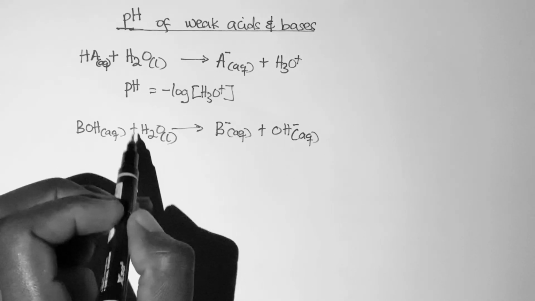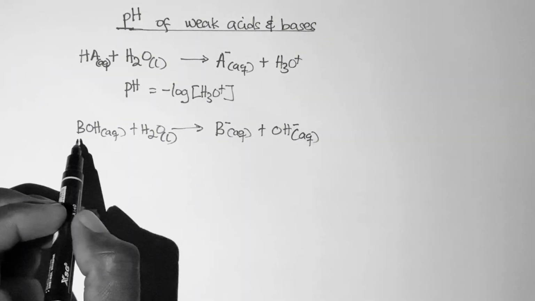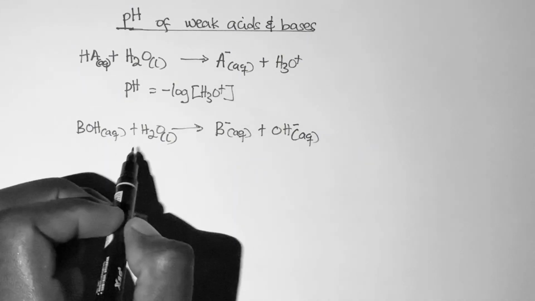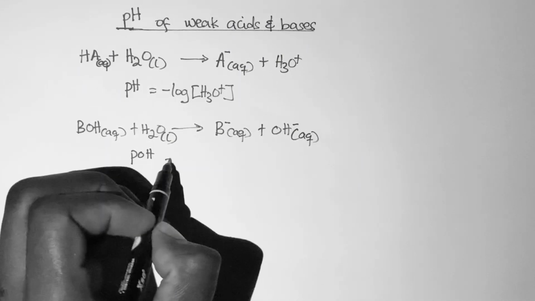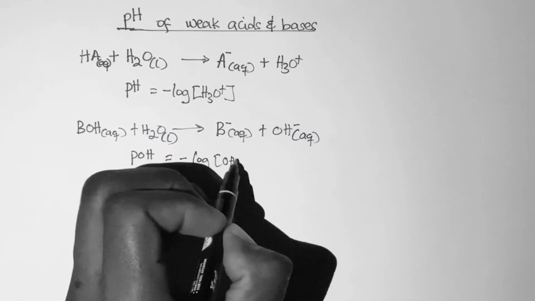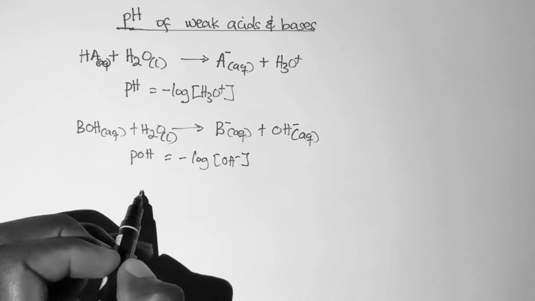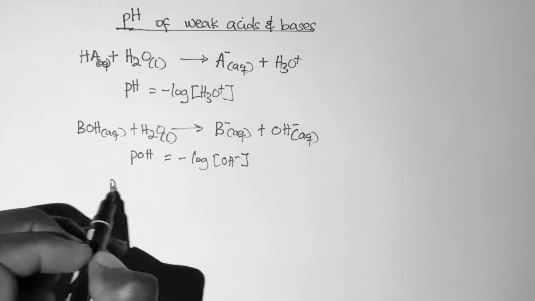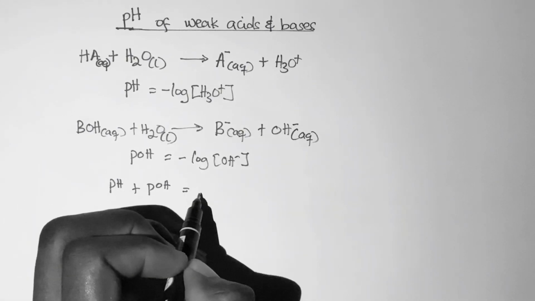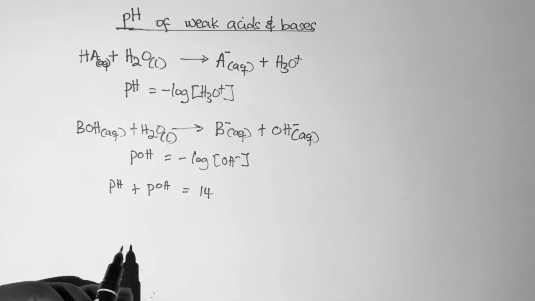And then in this case we can calculate pOH because BOH is a strong base. So pOH is equal to minus log of the concentration of the OH- anions. Now, from theory, we know that pH plus pOH is equal to 14.